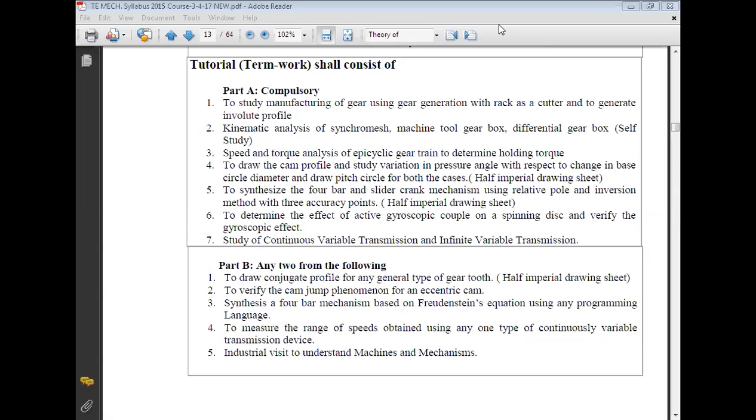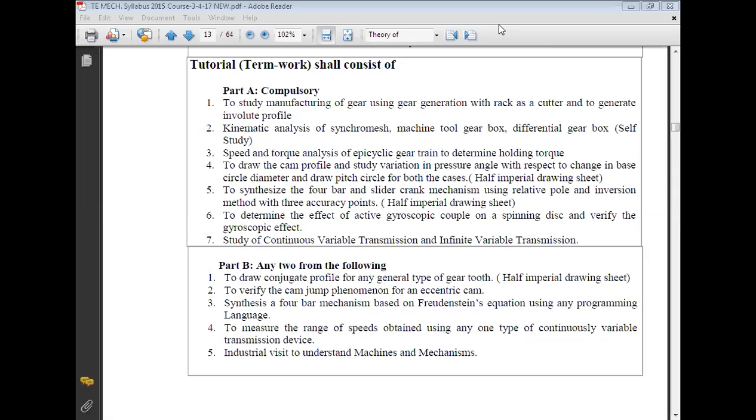Over there you have studied this unit. So if an industry is a mechanical industry, what sorts of machines it has and what sorts of mechanisms it has, that is what we are going to observe during the industrial visit.